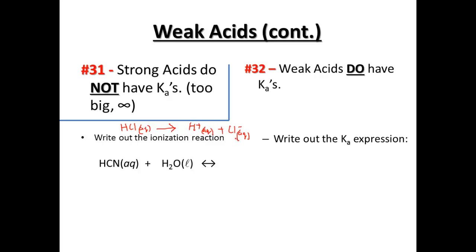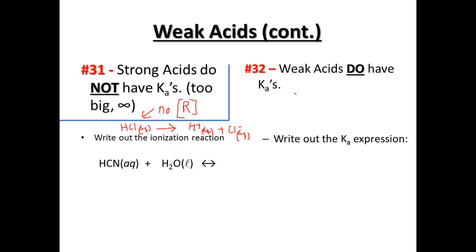The reason it doesn't have a Ka value is that there is no reactant afterwards. So the value is either too big, infinite, or undefined, so we don't have a Ka for strong acids.